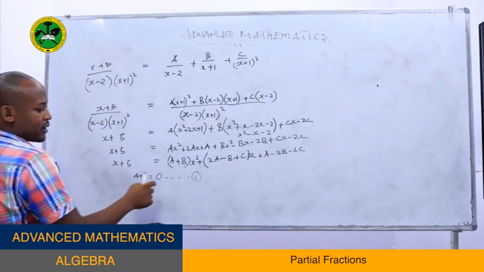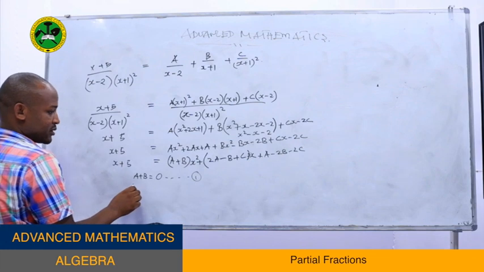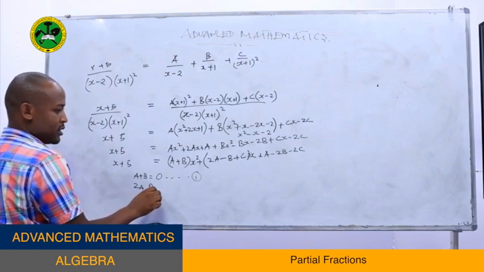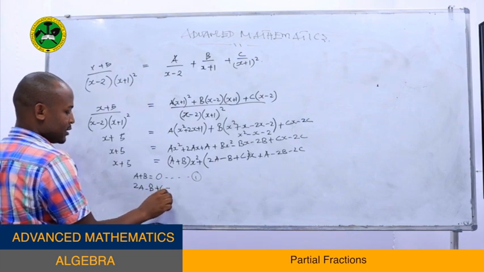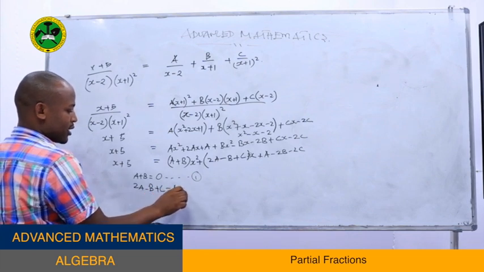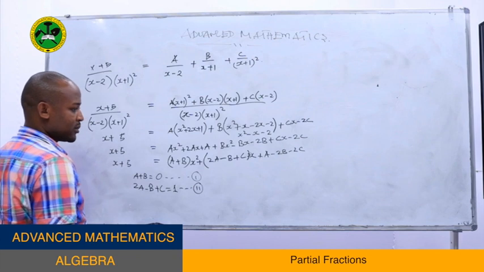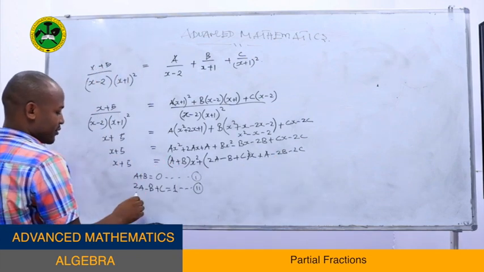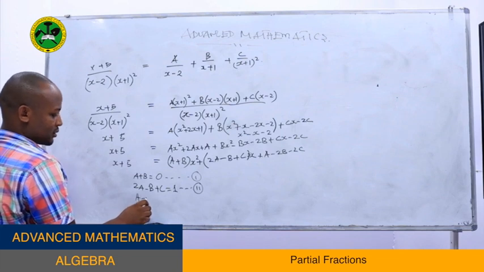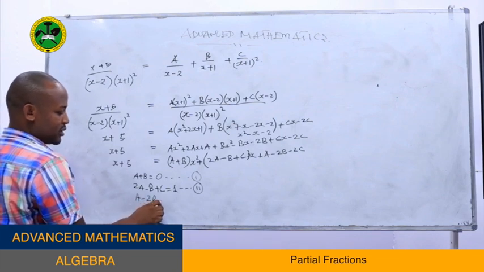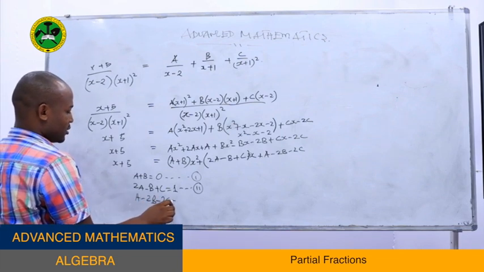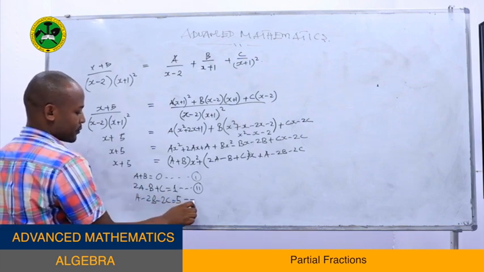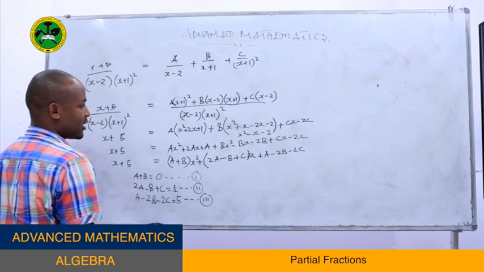We have a 1 there, so that means it is 2a minus b plus c equals 1, and that is equation number 2. And let's have the constant: we have a minus 2b minus 2c is equal to 5. That is equation number 3.